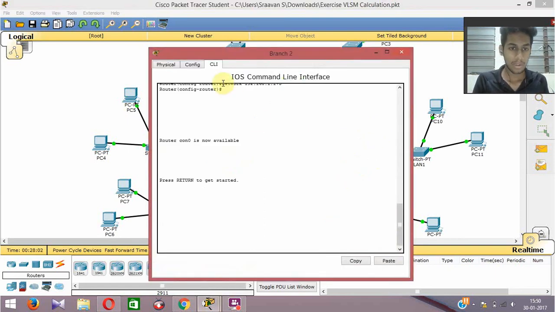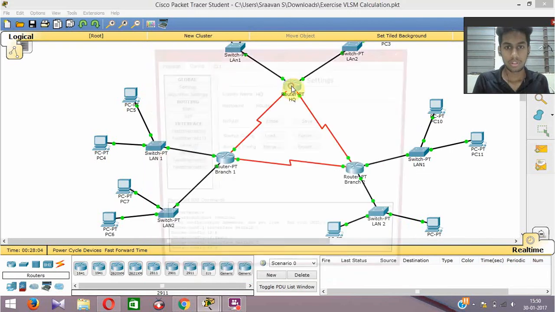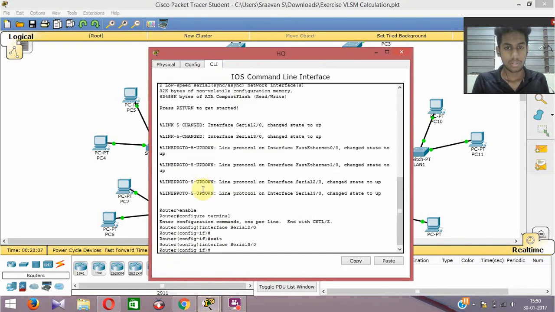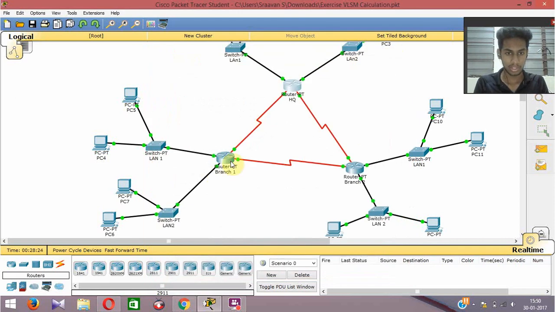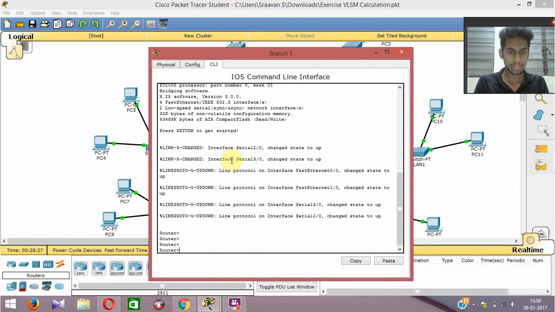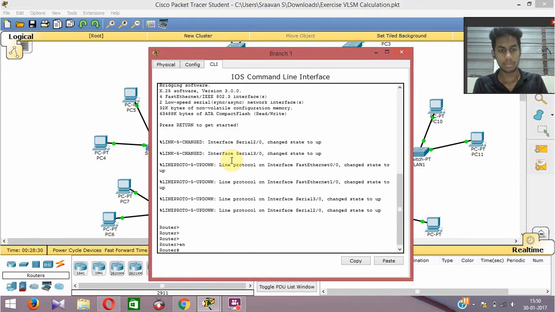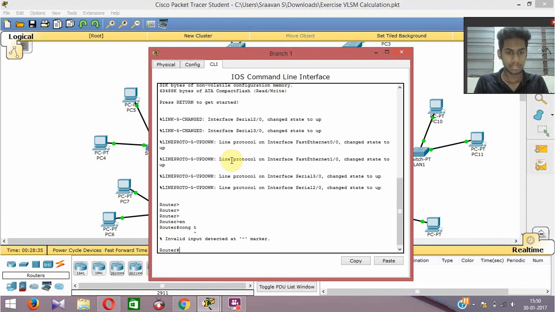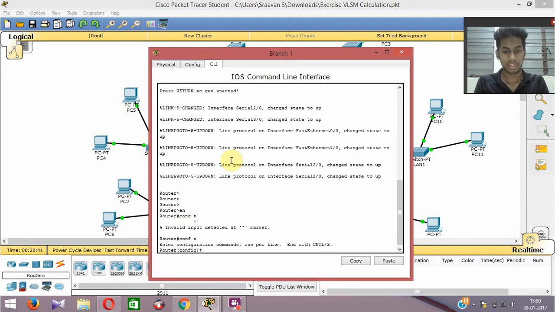We go to one of the routers, then we go to its command line interface, and after going into the command line interface, we type en to enable, and after that we type conf space t. So we can now configure the router.